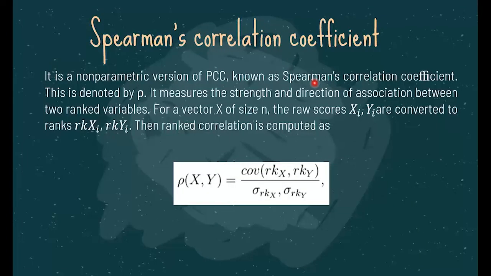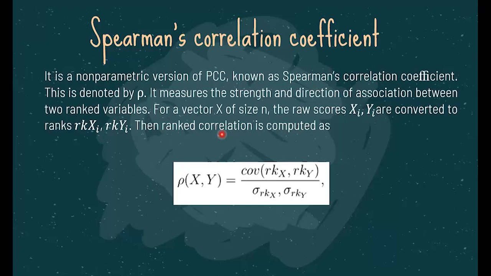The second correlation coefficient is not as popular as the Pearson correlation coefficient, but it is a non-parametric version of it. It is known as Spearman's correlation coefficient, after its inventor, and it is denoted by rho. It is the ranked version of the Pearson correlation coefficient.